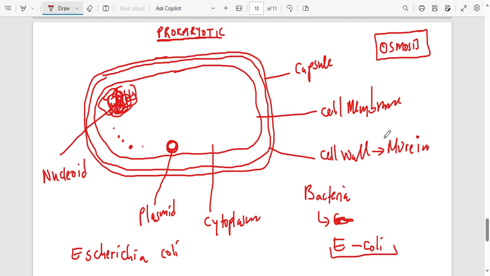Now, murein is made up of a polysaccharide. If you hear of polysaccharide, it means that these are carbohydrates. This is a polysaccharide, and then it's going to have short peptides. If you hear of peptide, a peptide is basically a protein. So this is a group of amino acids. What makes up a protein are amino acids, just like what makes up the entire human being.